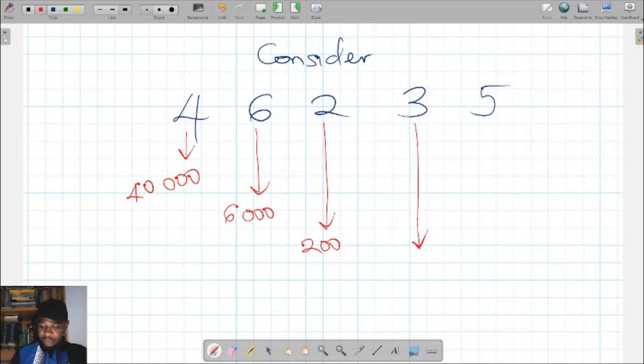This is the next most significant digit, 30. This is the next most significant digit, 5. So, the values determine their significance. So when you are asked to round off a number to 3 significant figures, that means you will pick the 3 most significant digits. When you are asked to round off to 1 significant figure, then you pick the most significant digit.